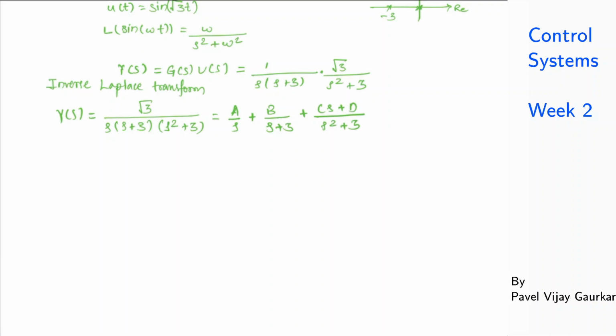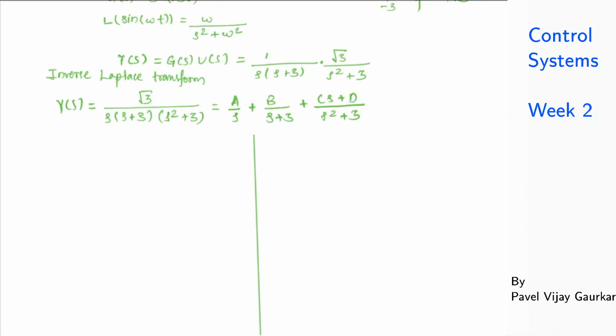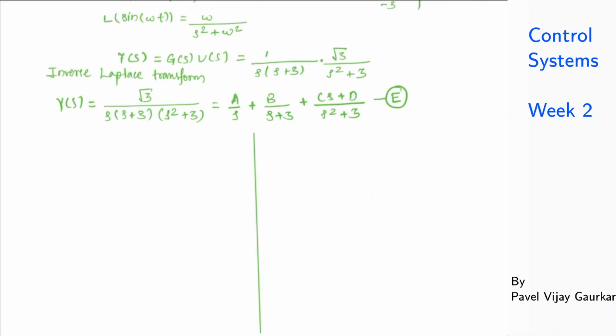So what we will do here is, let me divide it into two parts. We'll multiply both sides of this expression, let me call this E, by s, and then we'll put s equal to 0. When we multiply this term by s, this s gets cancelled and we are left with these two terms. So we have numerator which is root 3.